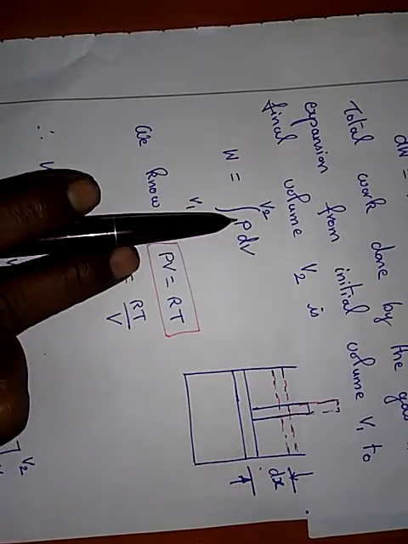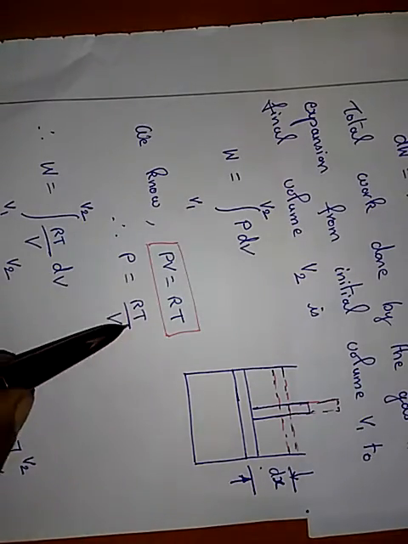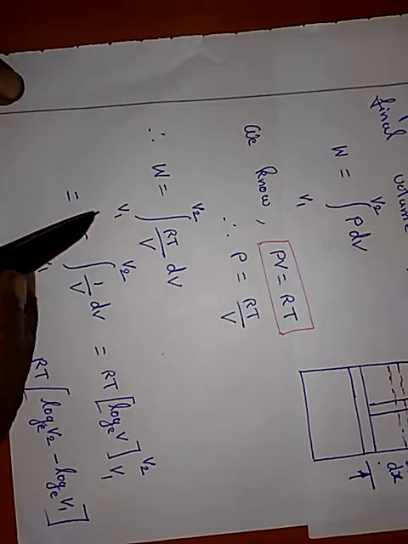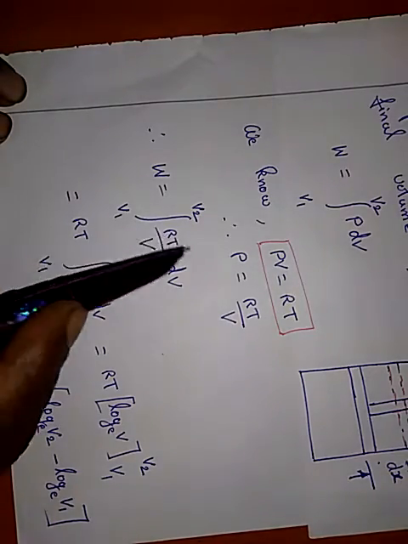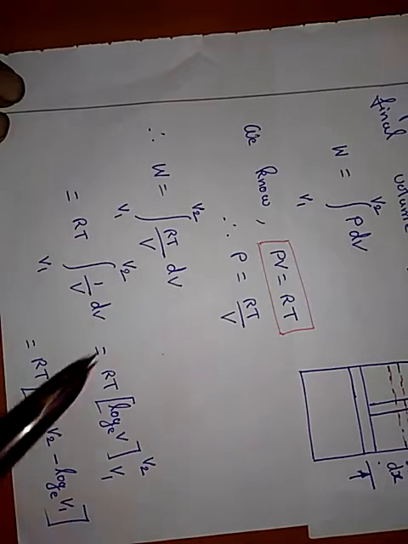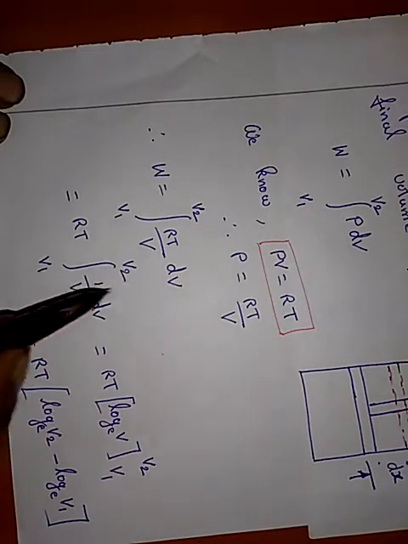So in the place of P, you substitute this value RT by V. So work done is equal to integral RT by V. So this RT by V is nothing but P into dV. Now we are integrating with respect to dV. So RT is constant, pull the terms outside.